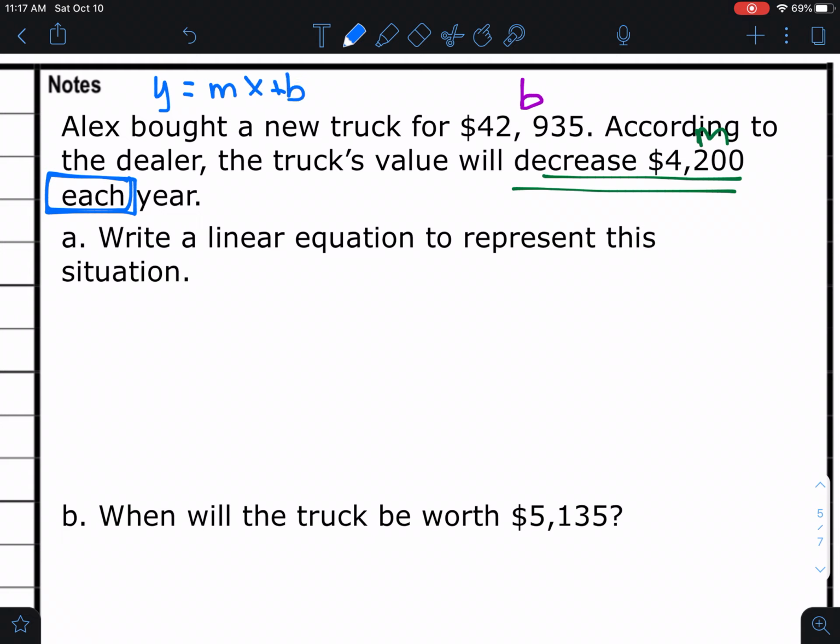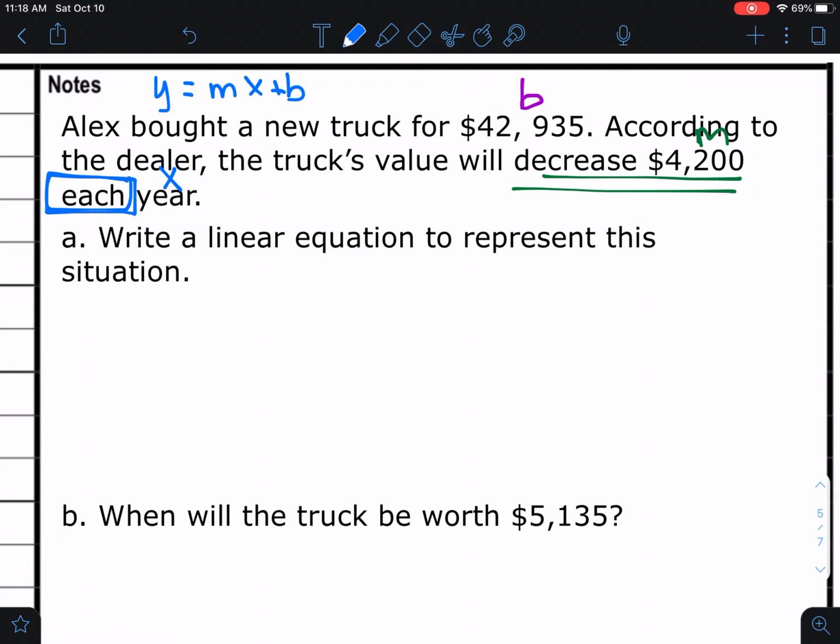I know my m is 4,200, well actually negative 4,200. And then what is my x? Well, that means this is really per or each, so that means multiplication, and then my year is x. So mx, m times x, in this case negative 4,200 times x, which is represented by the years.